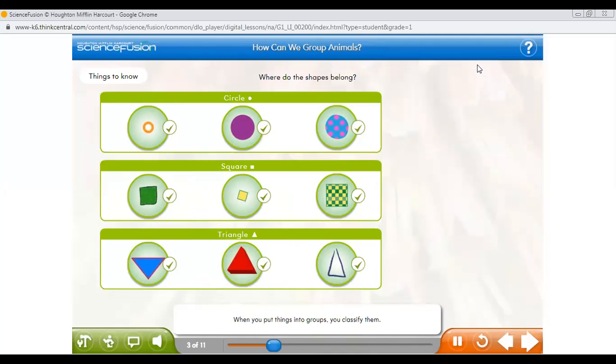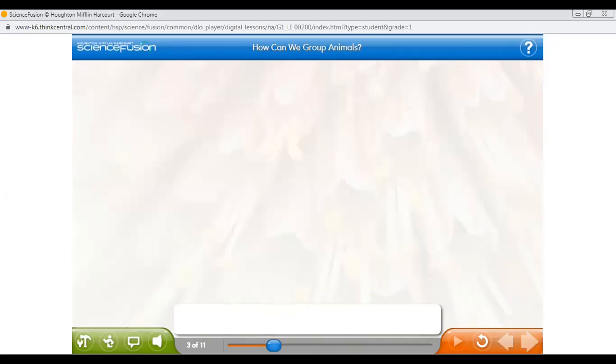When you put things into groups, you classify them. You have classified the different shapes into circles, squares, and triangles. So now it is easy to find that these are circles, this is square, and this is triangle. This is why you make the groups, to make it easier for you to find.